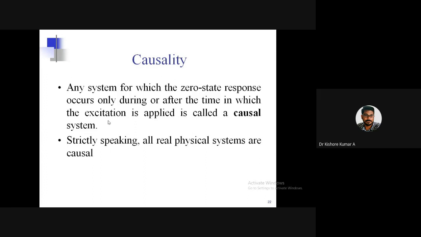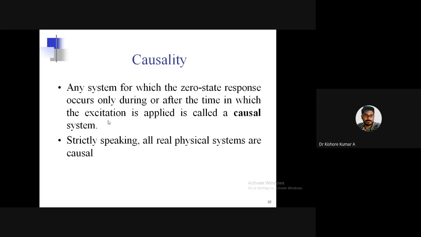And causality: any system for which the zero state response occurs only during or after the time in which the excitation is applied is a causal system. We need to determine causal or non-causal systems sometimes.